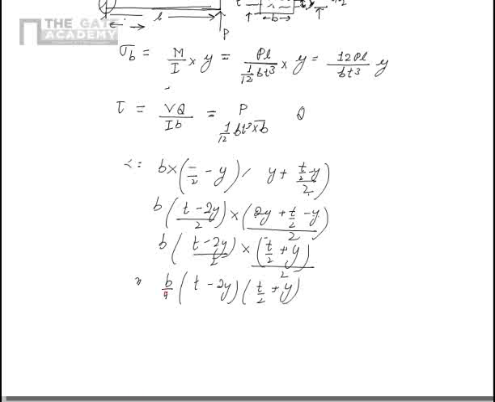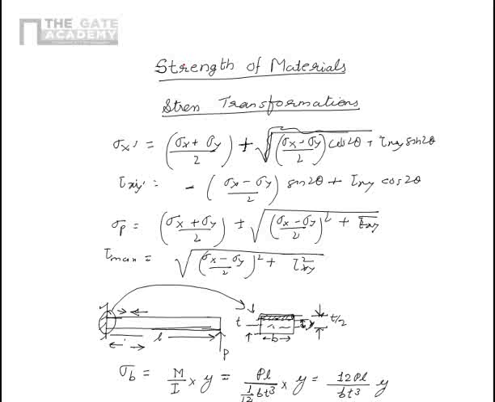I can of course convert this into B by 2 into (T by 2 minus y) into (T by 2 plus y). So that becomes B by 2 into (T square by 4 minus y square). So that's the value of Q. So the shear stress at that location, tau, will be equal to 12P upon B square T cube multiplied by this quantity.